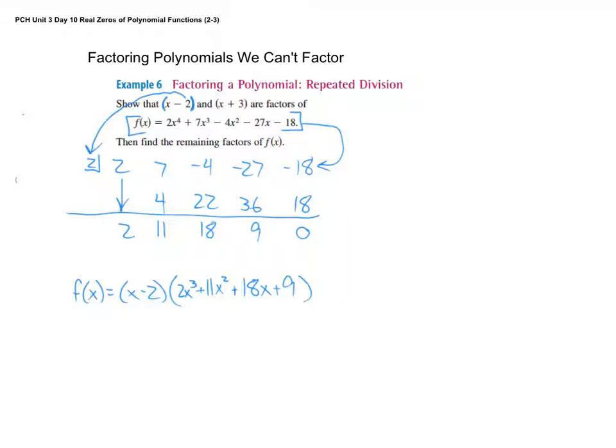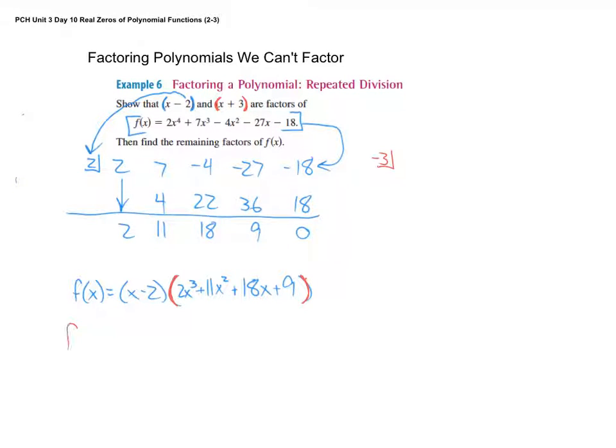Now are we going to do the same thing with the negative 3? Exactly. That is exactly what we're going to do. Except, notice here, we want to continue factoring. So we're going to use what we just got. We've got this x plus 3, so I'm going to put a negative 3 in the box here. Notice the coefficients I'm going to use are the coefficients from this down here, because I want to factor the x plus 3 out of that.